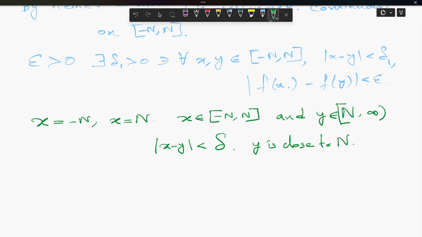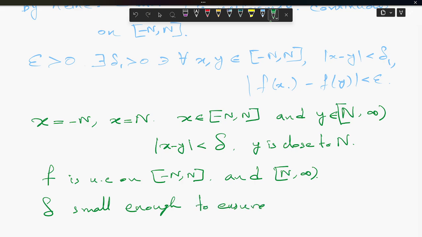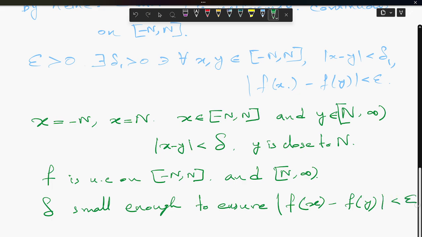Since our f is uniformly continuous on this and this, we can choose delta small enough to ensure that mod of f(x) minus f(y) is less than epsilon.